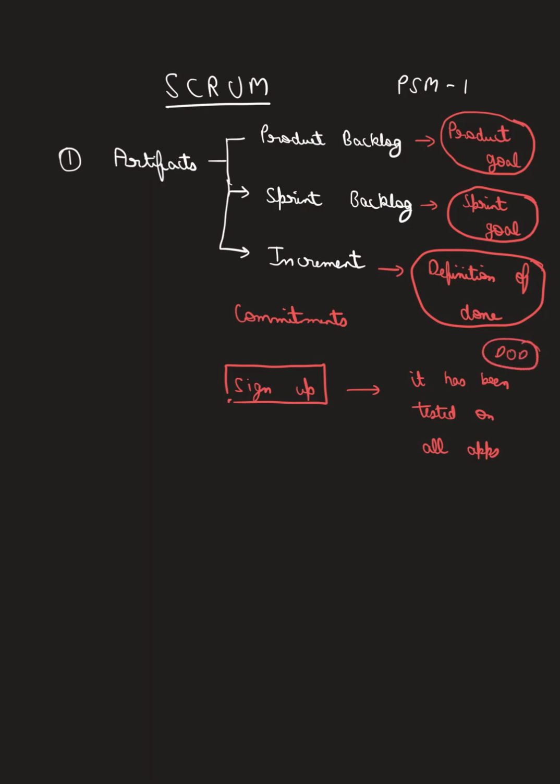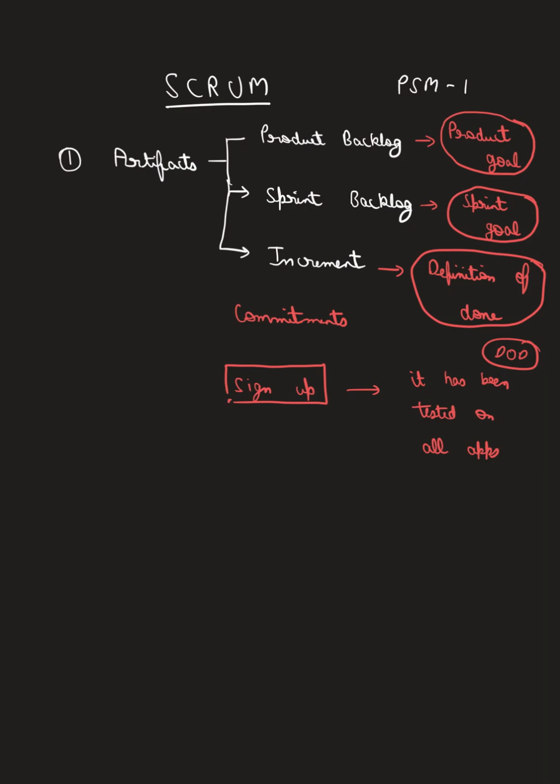Because your Scrum team, not sprint team but Scrum team, knows what they have to deliver. If you are not defining your definition of done, then different people will think in a different way. Some people will think, let me only develop this feature, I will not test it.